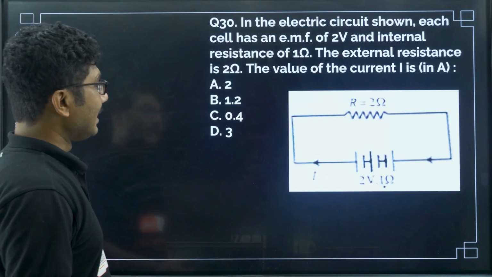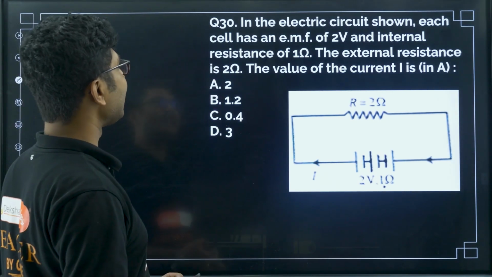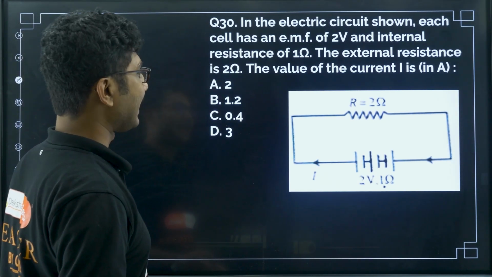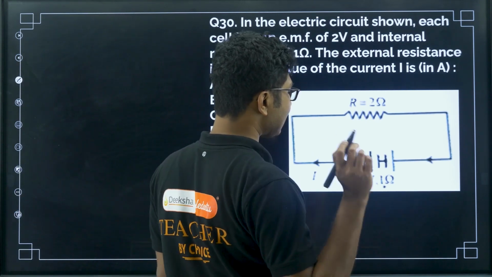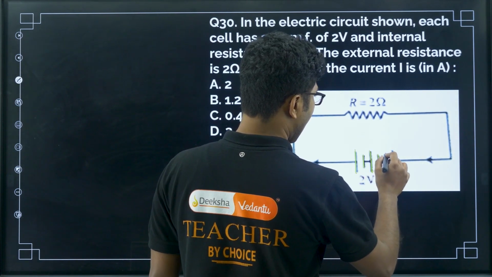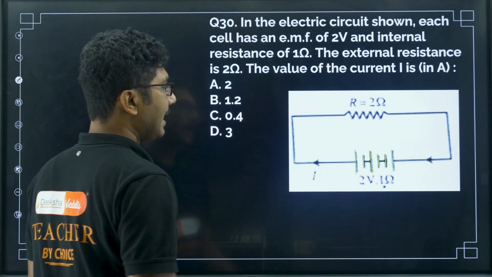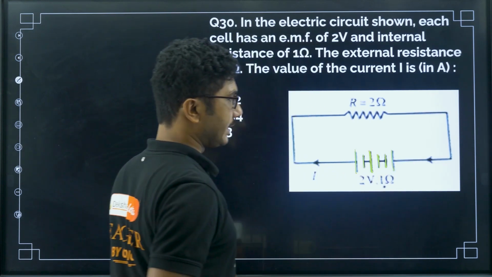Now in this electric circuit shown, each cell has an EMF of 2 volt and an internal resistance of 1 ohm. The external resistance is 2 ohm. What is the value of current in ampere? Now how many cells are there? 1, 2 and 3. Now if you see here, these two cells are connected in opposite polarity, right?